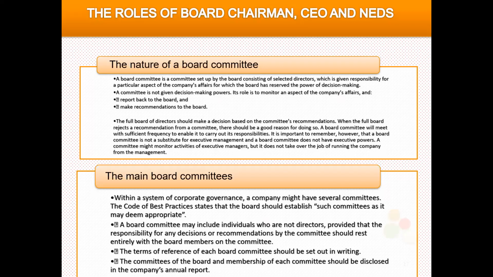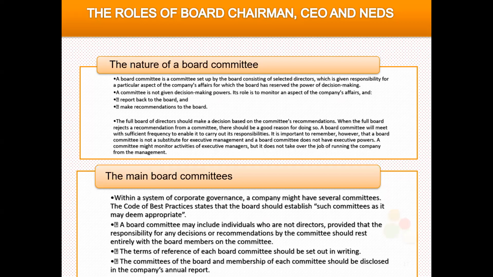Anytime you hear a committee, like the way they have parliamentary committees, it means that they are given responsibility for a particular aspect of the company's affairs for which the board has reserved the power of decision-making.